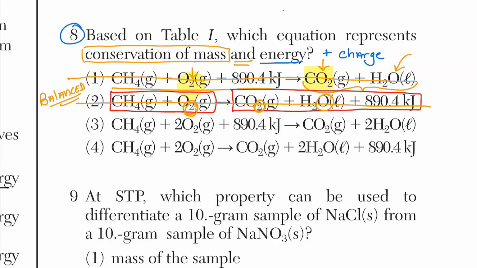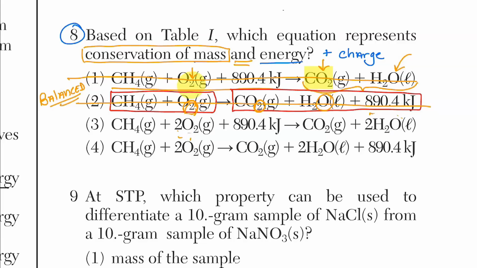Now if you check out 3 and 4, we have 2 times 2, 4 oxygens to the left of the arrow. Then we have 2 in the CO2, and don't forget the 2 in front of the water, so 2 times 1 there. So there's a total of 4 oxygens on this product side. That makes sense, there's 4 on this side.